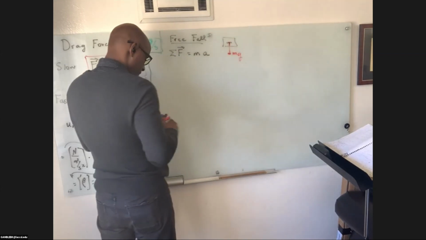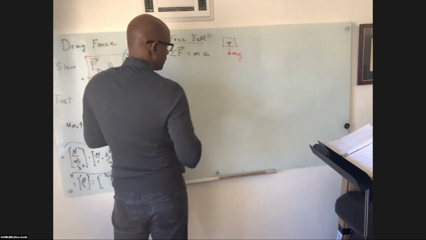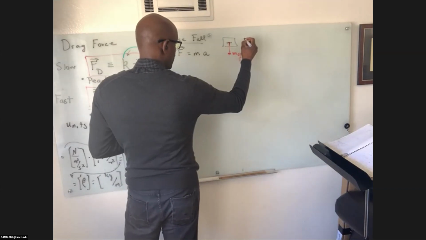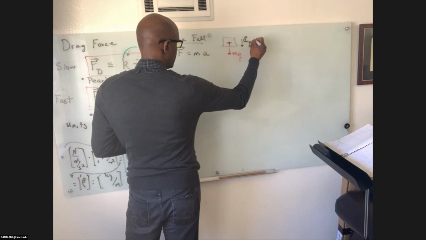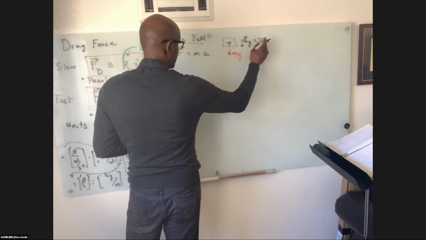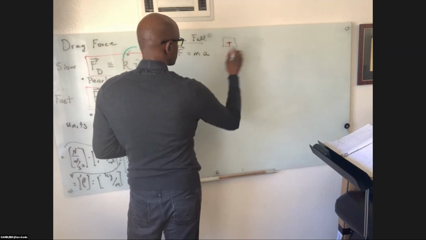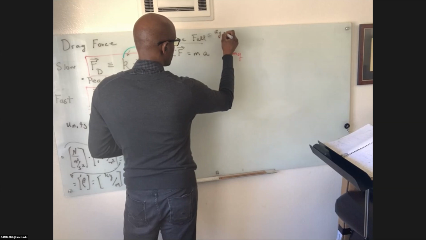In this case, we can prove that the acceleration is equal to g, but it has an acceleration in the y direction. In fact, we define it as negative g here. So a_y equals negative g.